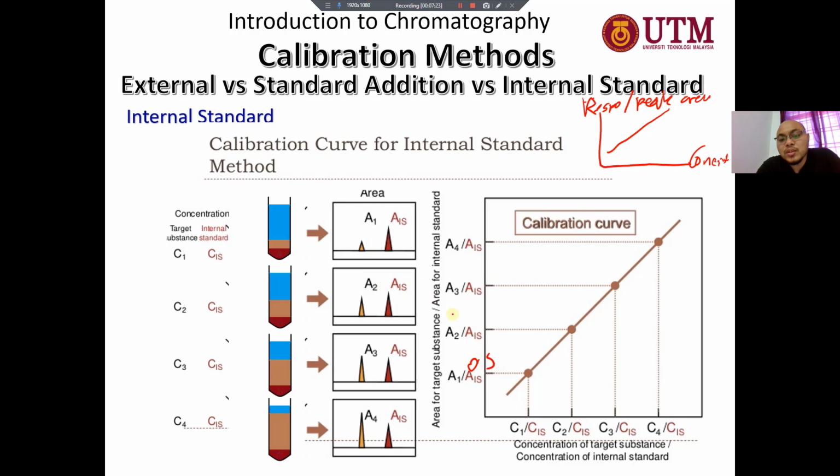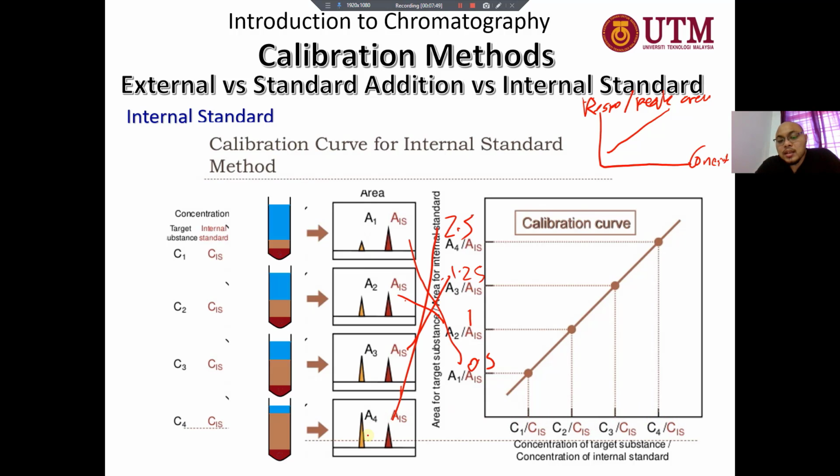So 2 over 2 is 1. 2.5 over 2 is 1.25. 5 over 2 is 2.5. So you put in the calibration curve the response on the y-axis, and the concentration on the x-axis.